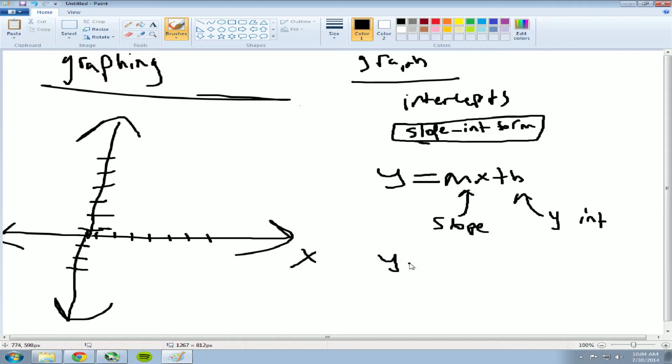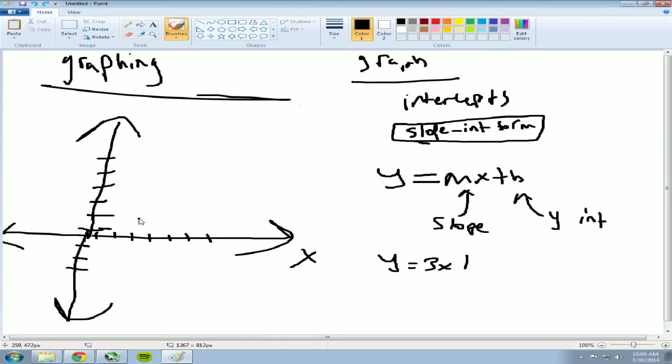So when I have y equals 3x plus 1, 1 is the y-intercept, so I could plot 1 right at y. Right here, y is 1, because this is b, and b is where it intercepts on the y-axis.